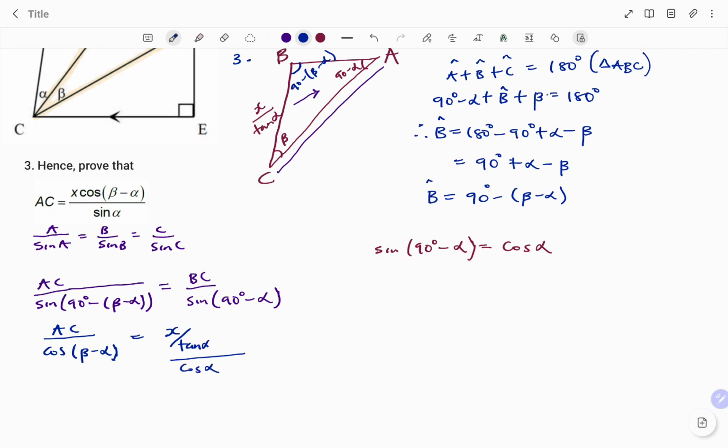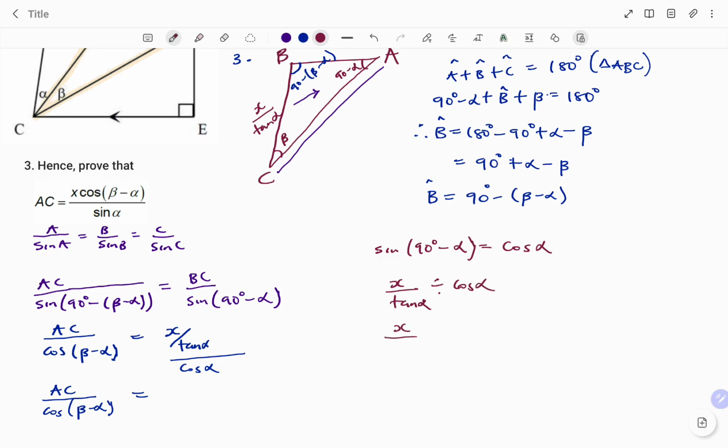Simplifying, this will be AC over cos of (beta minus alpha) equals, I'm going to work that on the side, x over tan alpha divided by cos alpha.